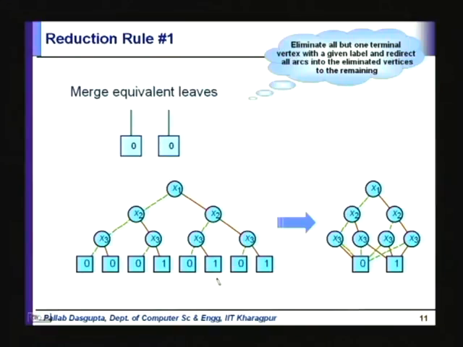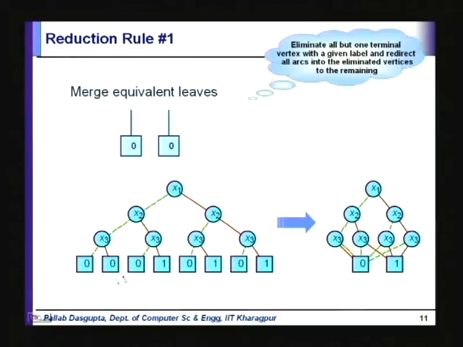Now, from a decision tree we are going to use certain reduction rules to get to the BDD. The first reduction rule is that we will merge equivalent leaves, right.